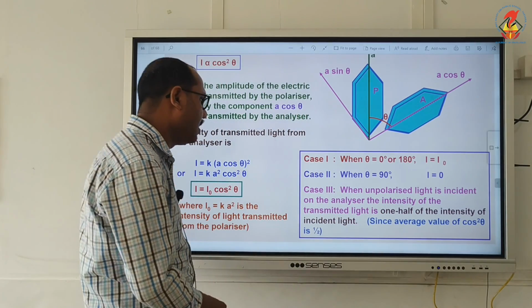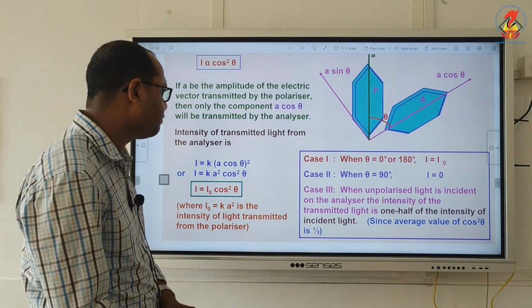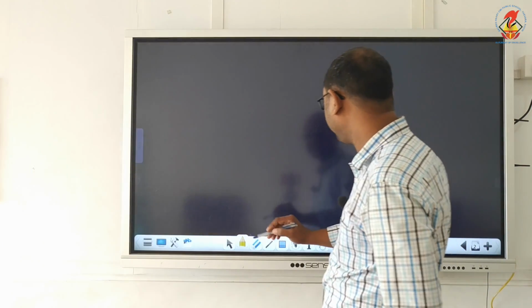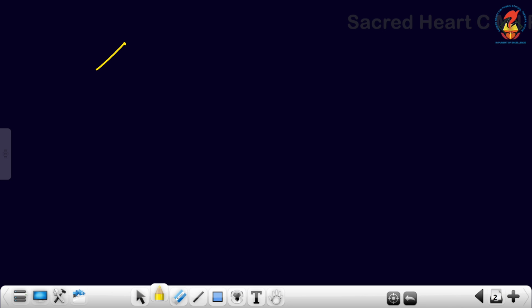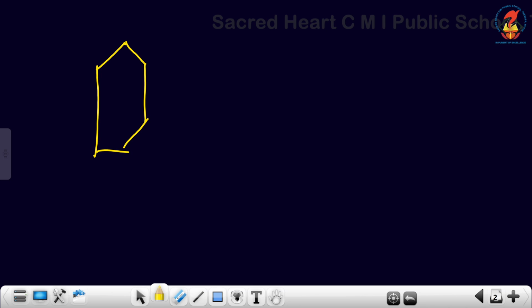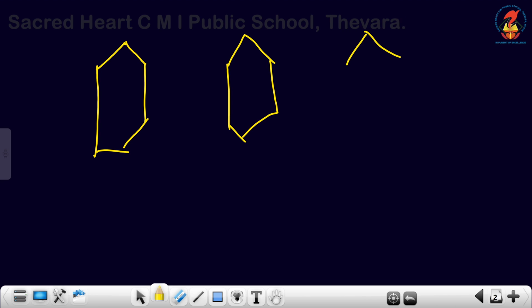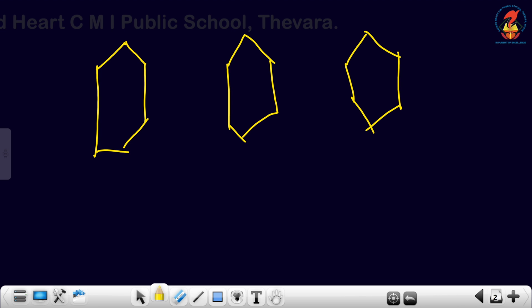For example, what I mean is, as per Malus law, we can just say like this: suppose here there is a polarizer, here there is a polarizer, here there is another polarizer, here there is another polarizer. There are three things.